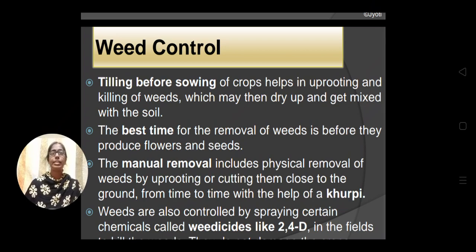Khurpi, you know, is a small wooden log to which an iron blade-like structure is attached, with the help of which we can remove the weeds.